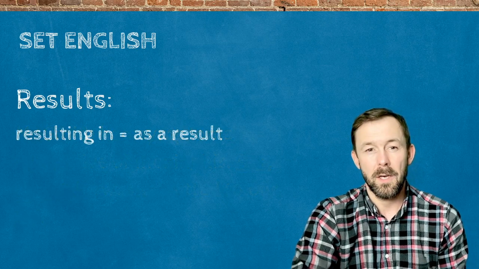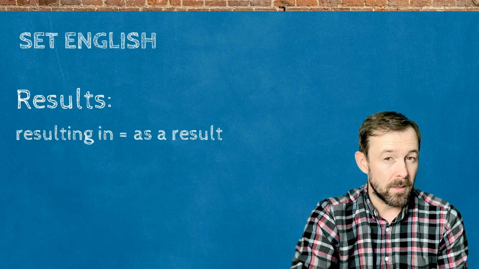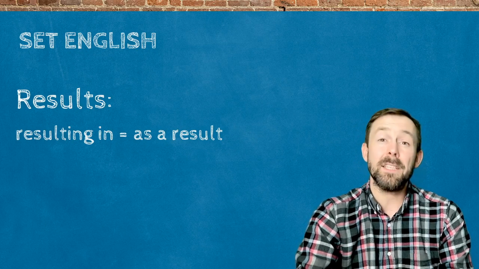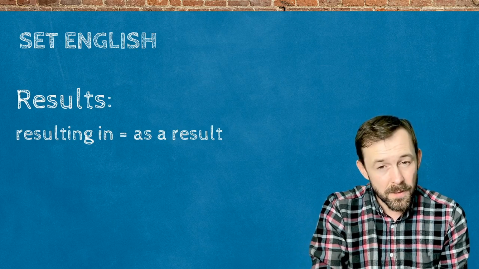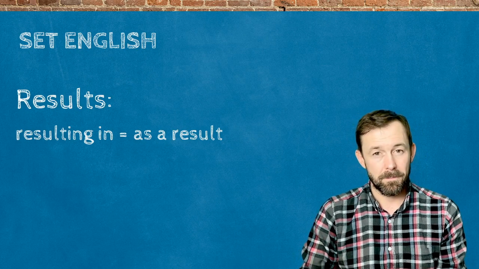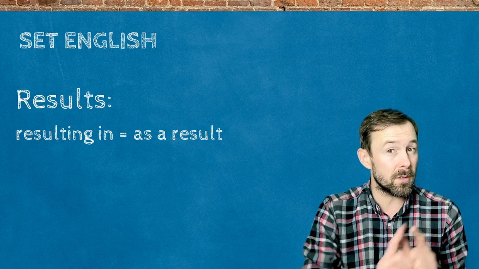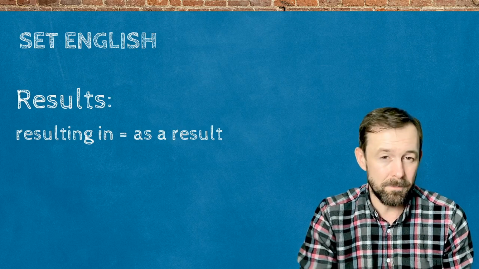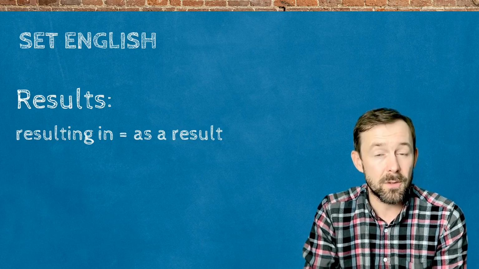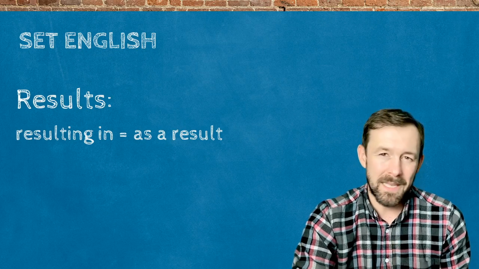So, resulting in is the same as as a result in its function. It introduces results. Not like as a result of, which introduced causes. Resulting in introduces results. But then the similarities stop.